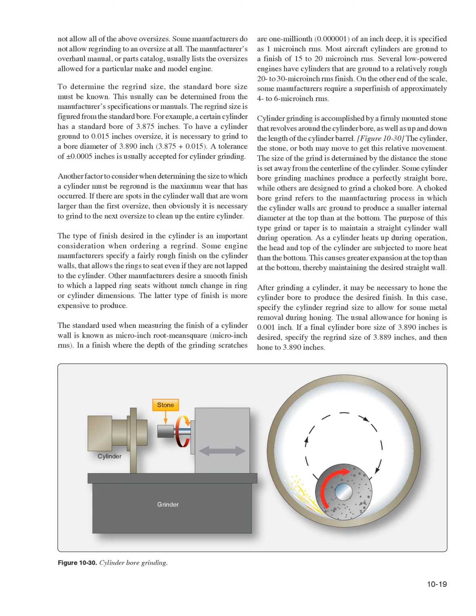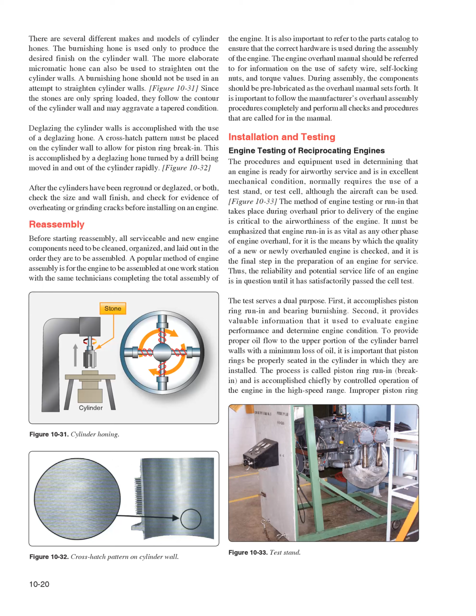The usual allowance for honing is 0.001 inch. If a final cylinder bore size of 3.890 inches is desired, specify the regrind size of 3.889 inches, and then hone to 3.890 inches. There are several different makes and models of cylinder hones. The burnishing hone is used only to produce the desired finish on the cylinder wall.